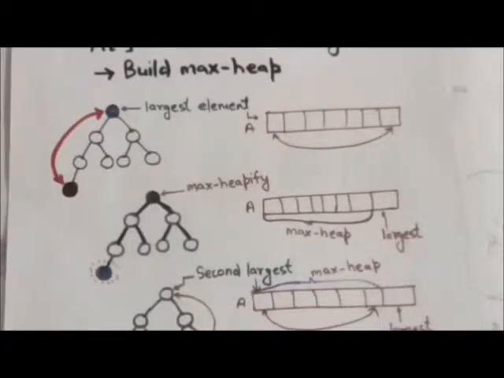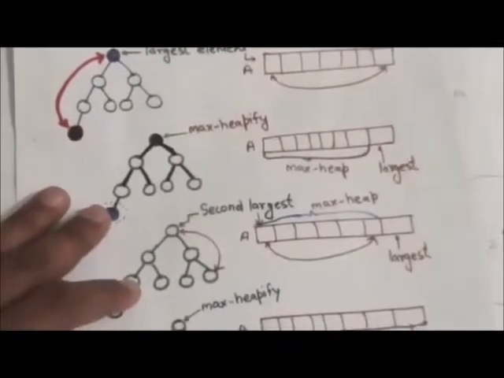so that once again all nodes of this heap satisfy the max heap property and the largest element gets into the root. After applying the max heapify algorithm on the root, what will happen?